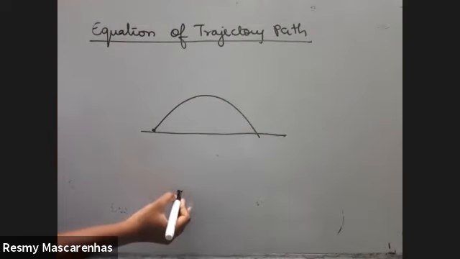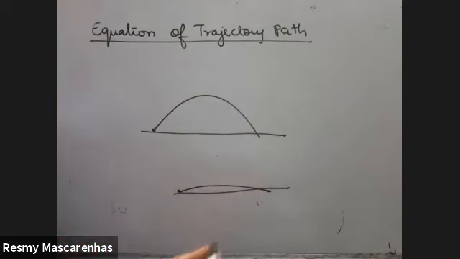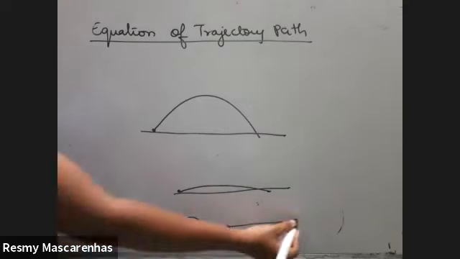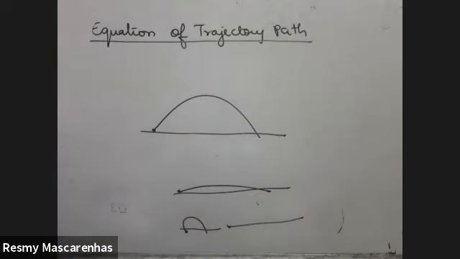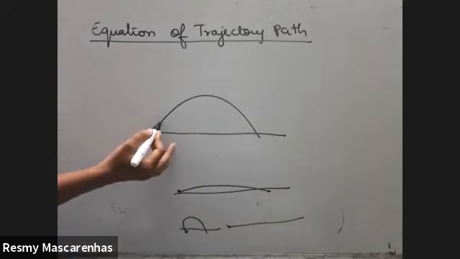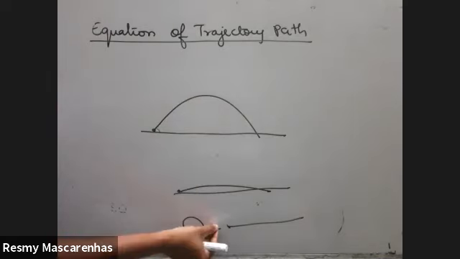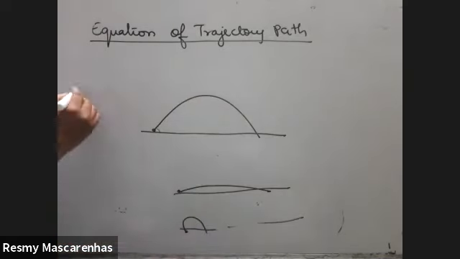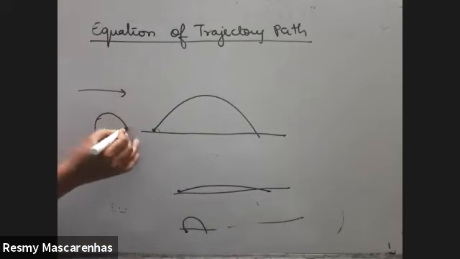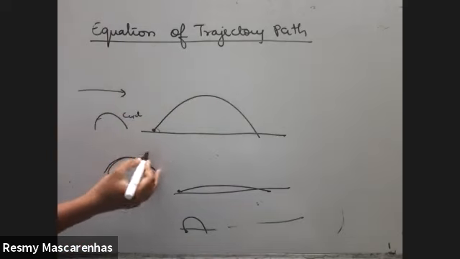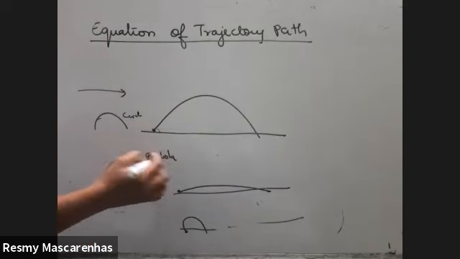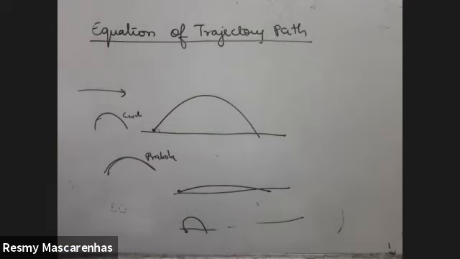It can fall properly in a circle, forming half a circle. Sometimes it can go straight also. Depends on how I'm throwing. If I'm throwing it at an angle, it may go like this. But if I'm throwing at zero angle, it may go straight. Sometimes it can go slightly like this. So this is called a parabola. Slightly, not exactly a pure circle. Other than that, if you're following this, then that is called a parabola or parabolic path.